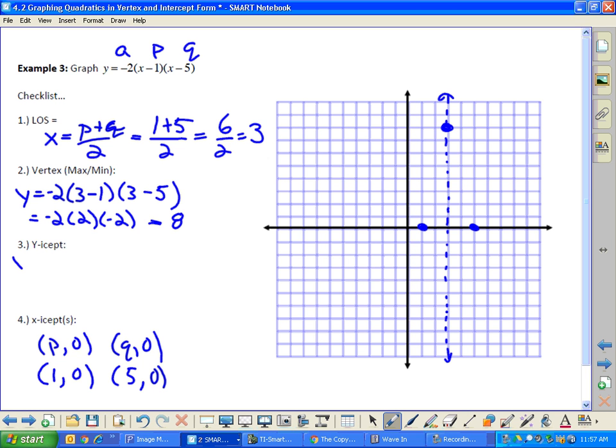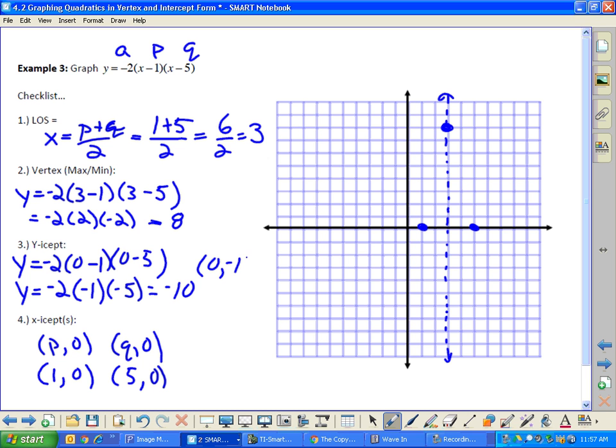Y-intercept, we're just going to let x equal 0 and do your order of operations. That is it. So you get 0, comma negative 10. This guy down here. You're just kind of drawing your U-shaped graph and label it.